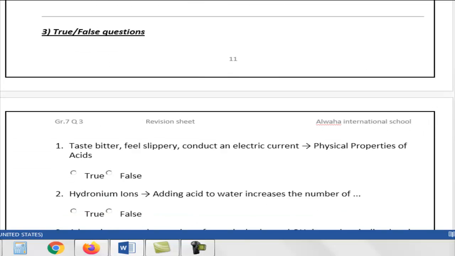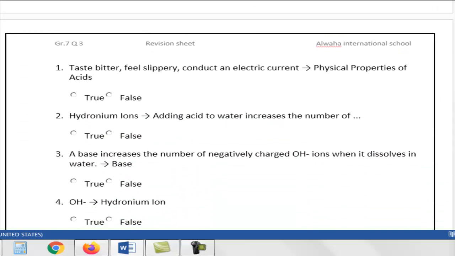Question number 3, true or false? Number 1, taste bitter, feel slippery, conduct an electric current. Physical properties of acid? No, it will be false.